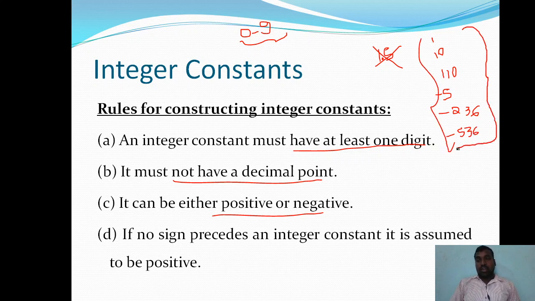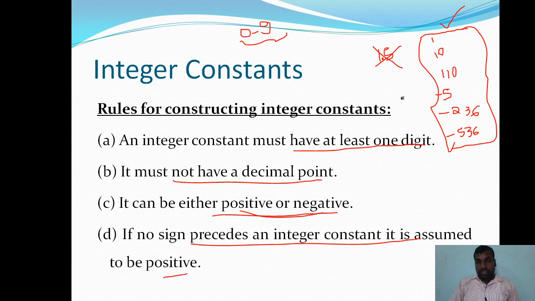The value of that particular integer may be either positive or negative. Here a minus sign is there before the number. So the value may be positive or negative, but if it contains at least one digit and no fractional values, then we can call those values integer constants. If no sign precedes an integer constant, it is assumed to be positive.